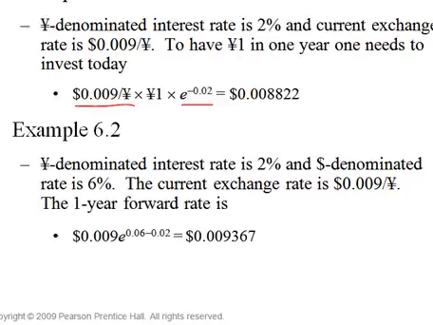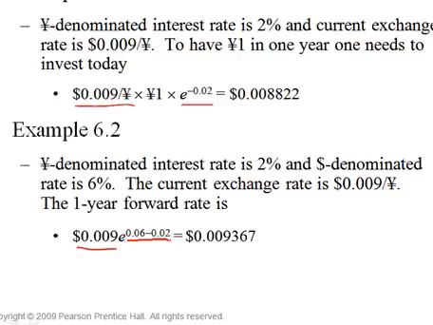Well, it's pretty much the same formula as we're already used to. Remember I said that it's just the current market price of whatever the underlying asset is, in this case 1 yen, times e to the r minus delta, or in this case r minus the foreign risk-free rate of interest, times t, but right now t, the time to expiration, is exactly 1 year, so that doesn't affect anything.